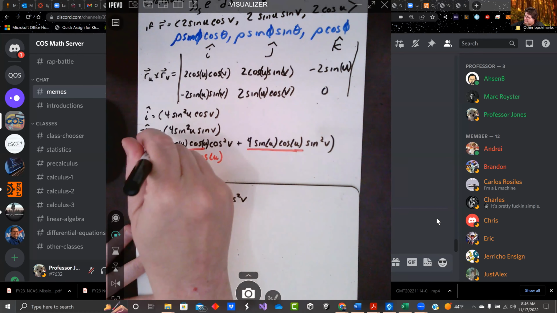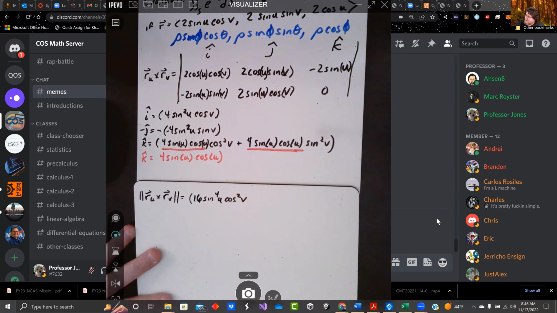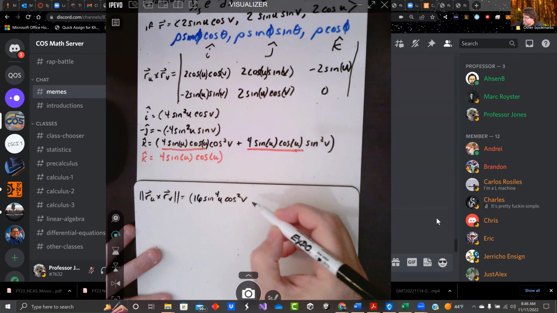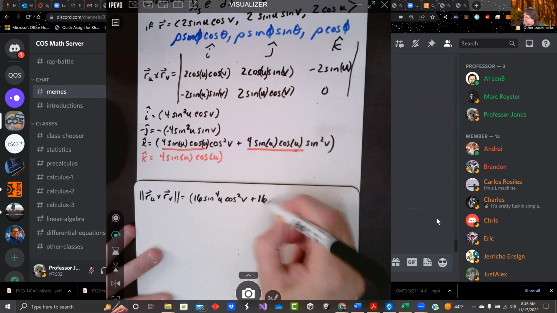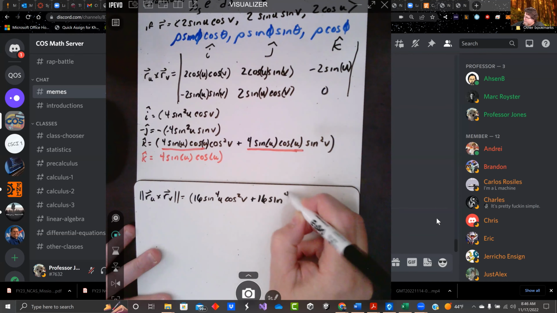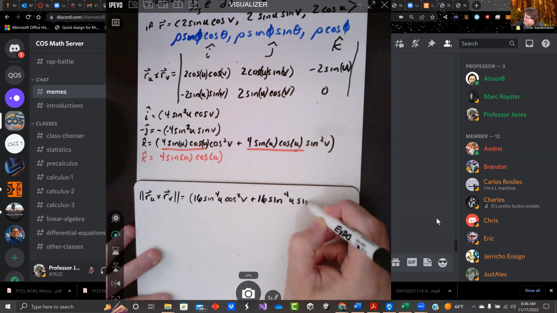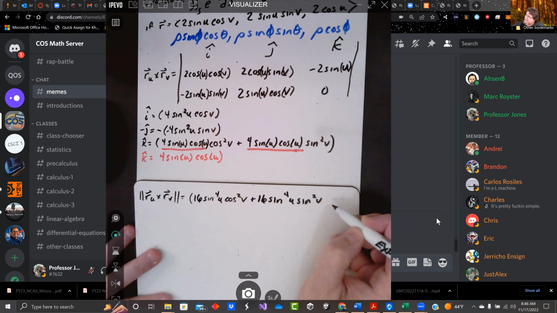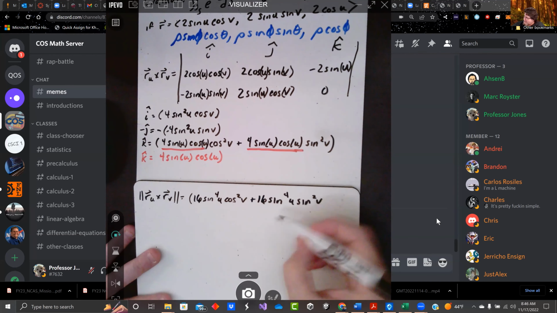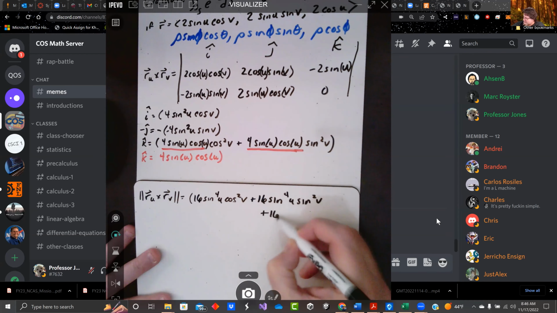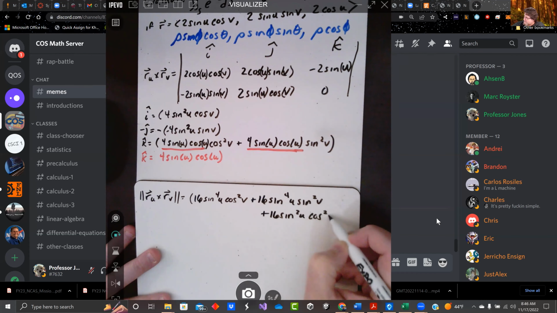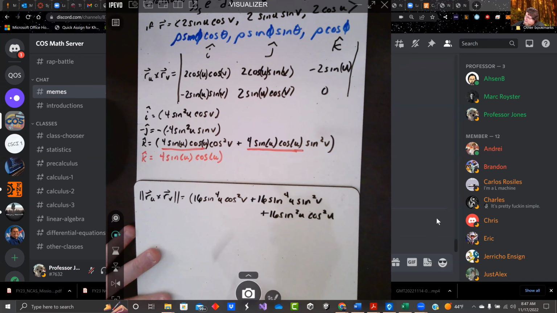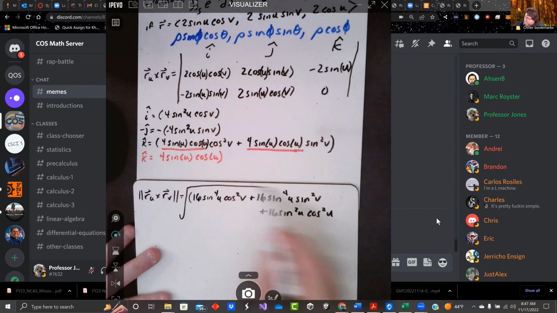There's a minus inside there that I don't have. There we go. And then we've got our j component, which is 16 sine to the fourth u sine squared v. And finally, we've got 16 sine squared u cosine squared u. And all of that is under a radical.